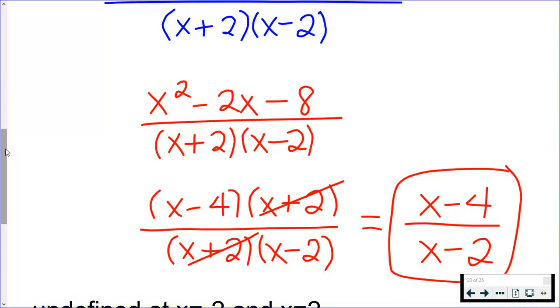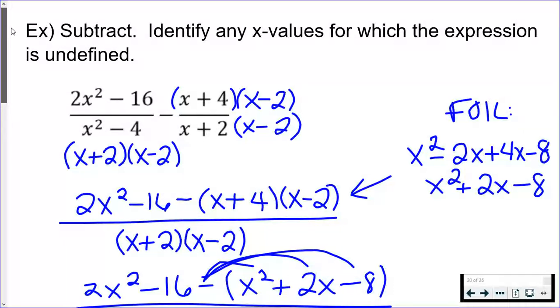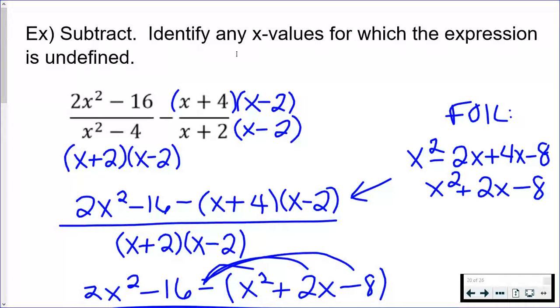One more thing I want to point out, I actually forgot to do this in my last video. I forgot to answer the second part of the question, which is to identify any x values for which the expression is undefined. Once you have your common denominator, you can do this. Undefined means that the denominator is equal to 0.